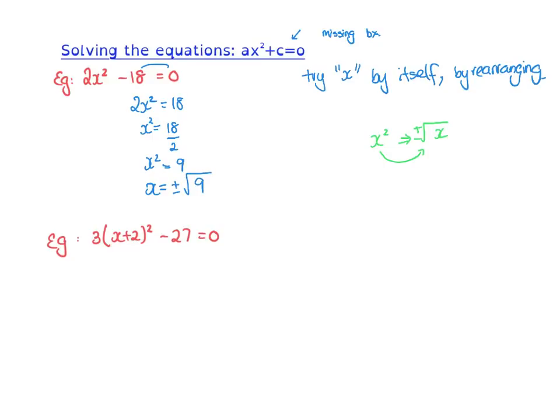Now the reason it's plus or minus, because if you think about it, negative 3 times negative 3 equals positive 9, and so does positive 3 times positive 3 equals positive 9. So when you find the square root of 9, you're not really sure which one it is, so that's why we write it's either plus or minus.